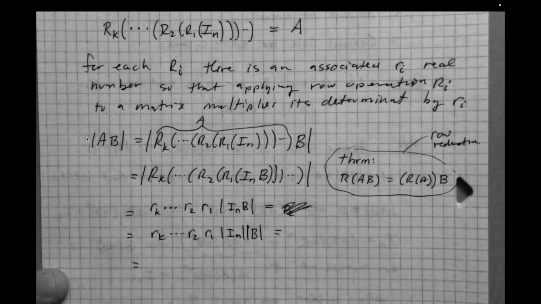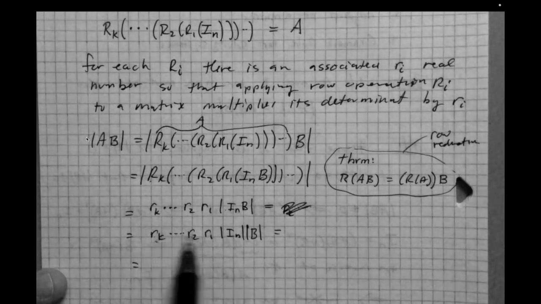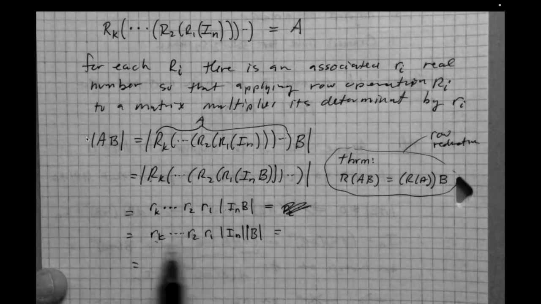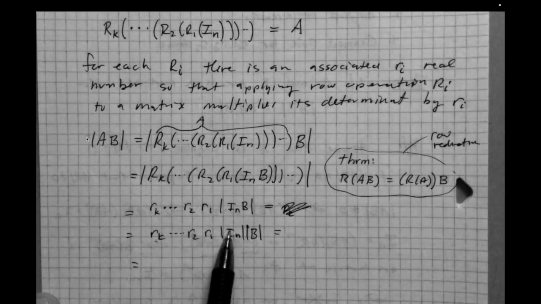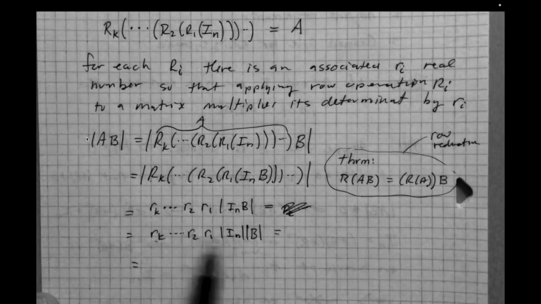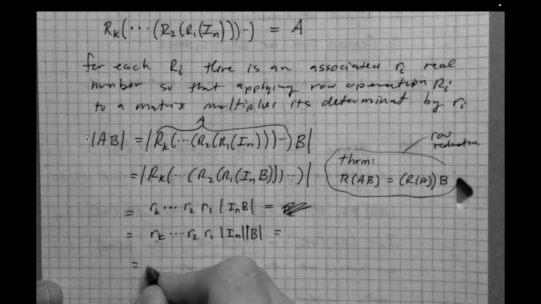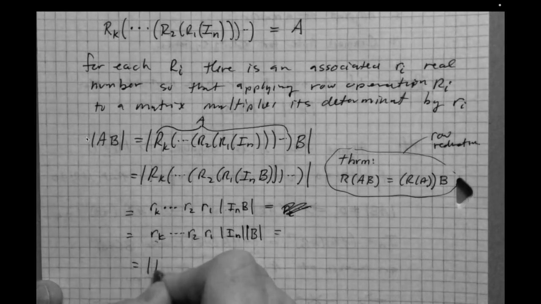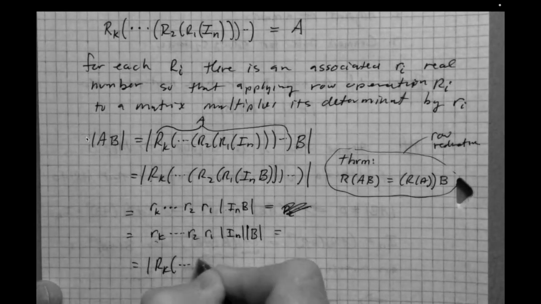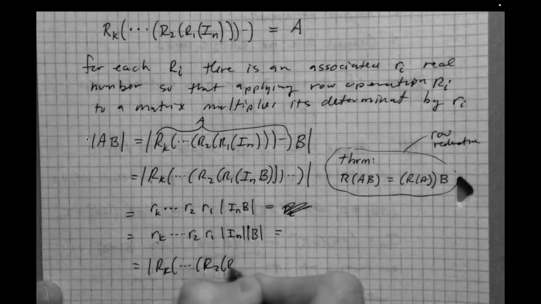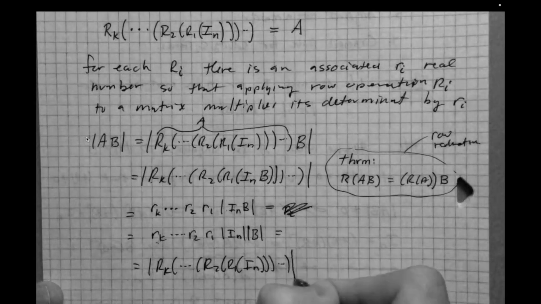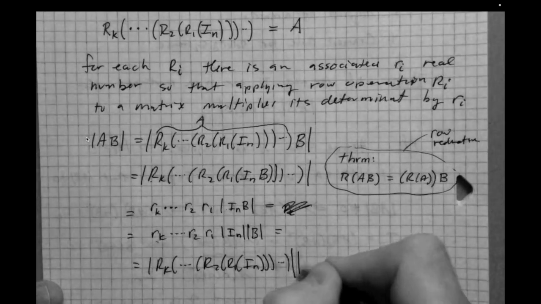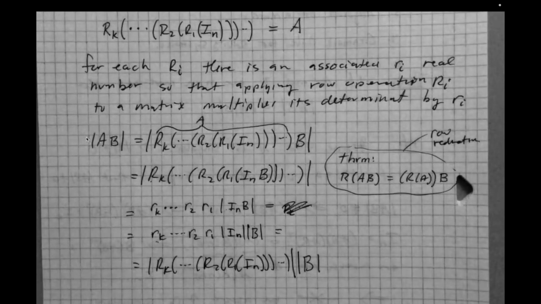Since we've got the identity pulled apart here, we can plug all of this back in to recover A. All of these real numbers can be converted back into row operations on the identity in order to recover the matrix A. And so this is going to be the same as the determinant of rk dot dot dot r2 r1 times the identity, and then times the determinant of B.